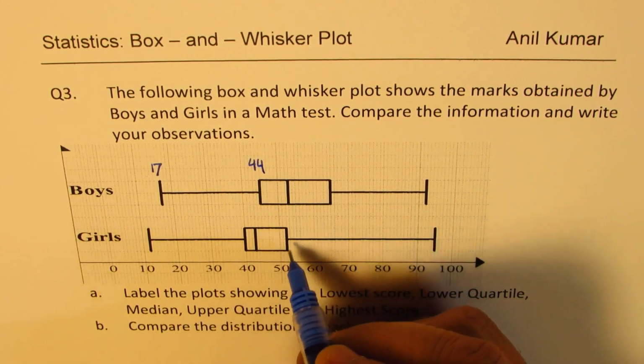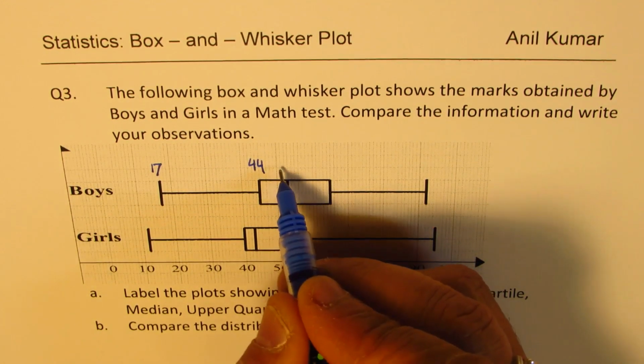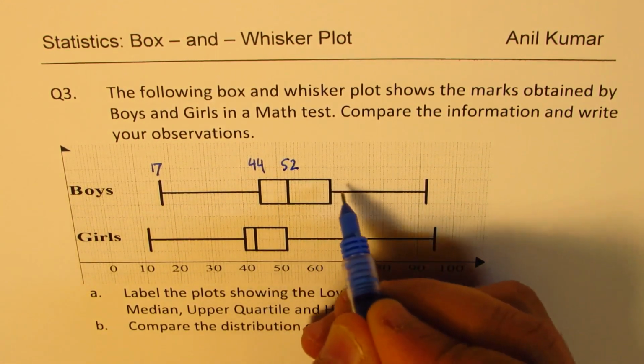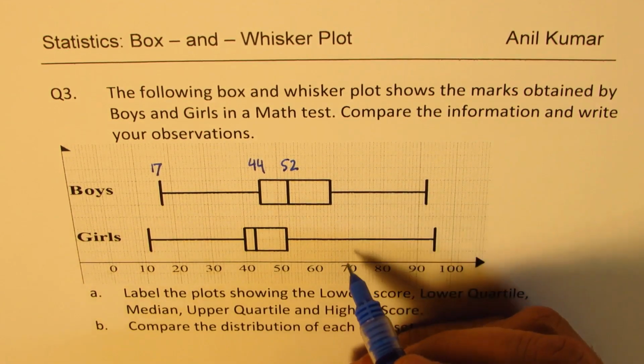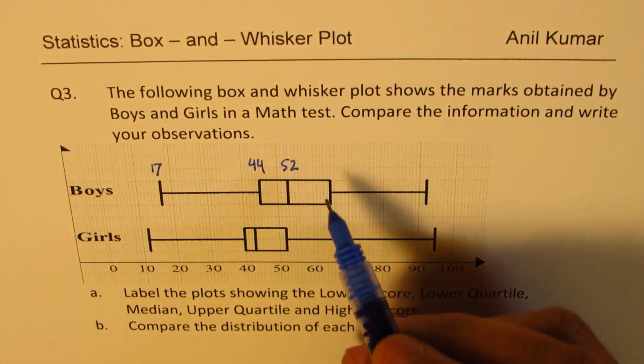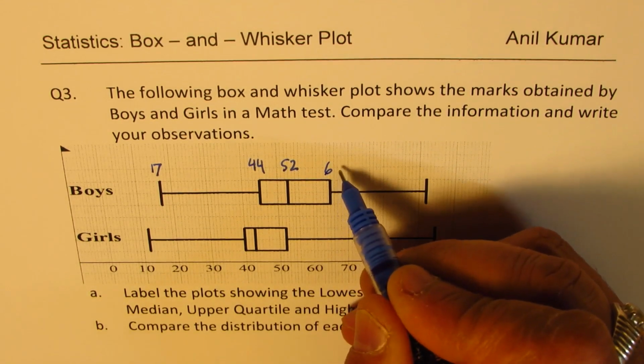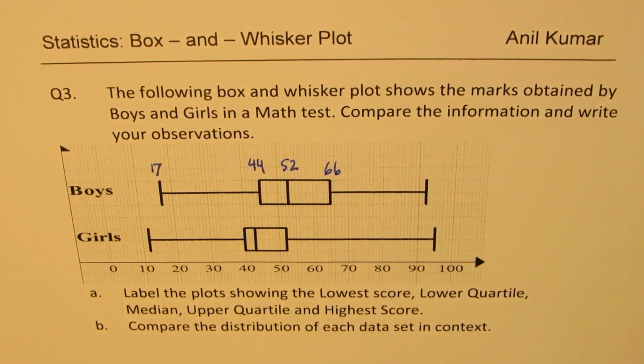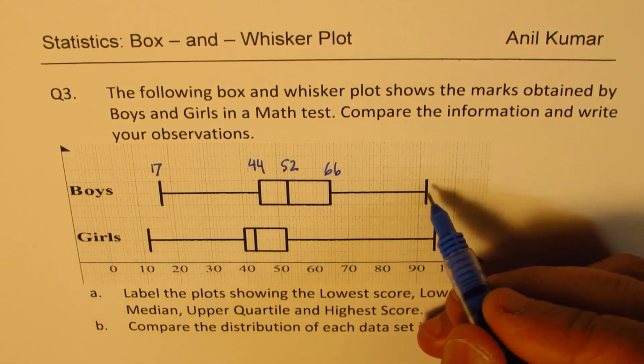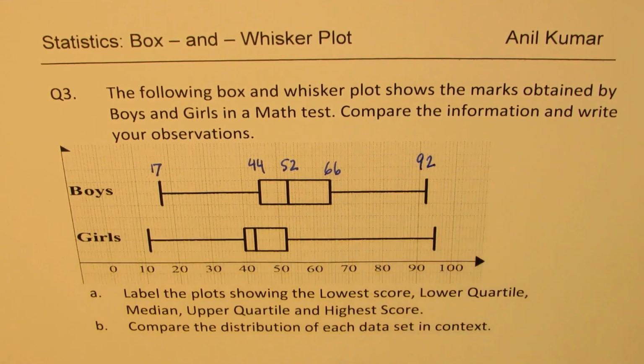The middle value here is 52, and Q3 is around 60, 66. Okay. And the highest mark seems to be 92. Right. So these are the marks for the boys.